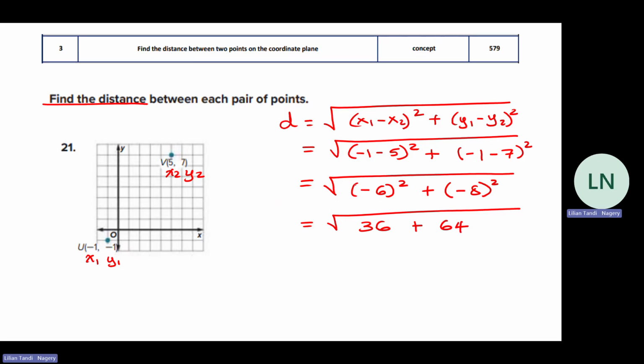Make sure you put your number in the calculator exactly how you have written it here, together with the parentheses. You will put in the calculator parentheses, -6 squared, you will get 36. Then you'll do parentheses, -8 squared, you will get 64. Okay, this becomes 100, and this becomes 10 units.